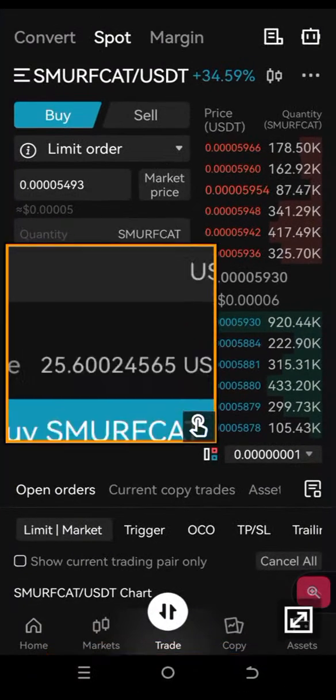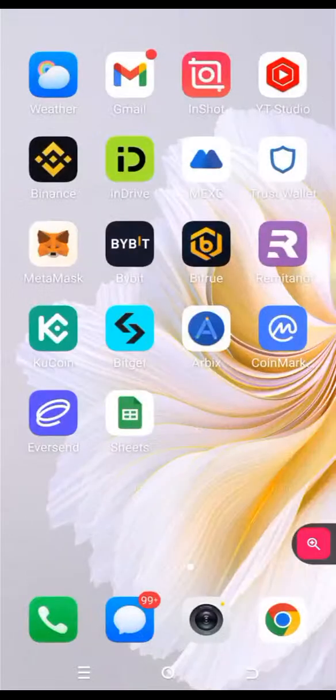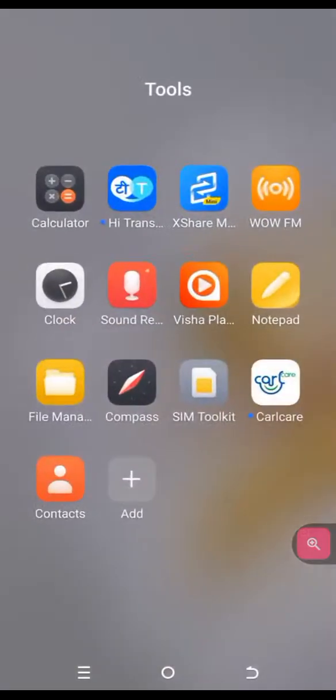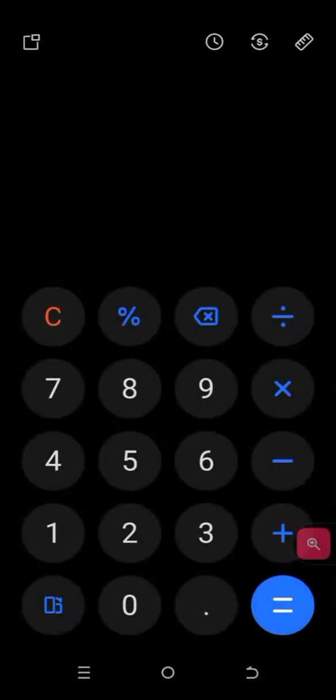All right, let's go check that out in the calculator and see how much we've made. We started out with $25, remember? So we're gonna multiply that.